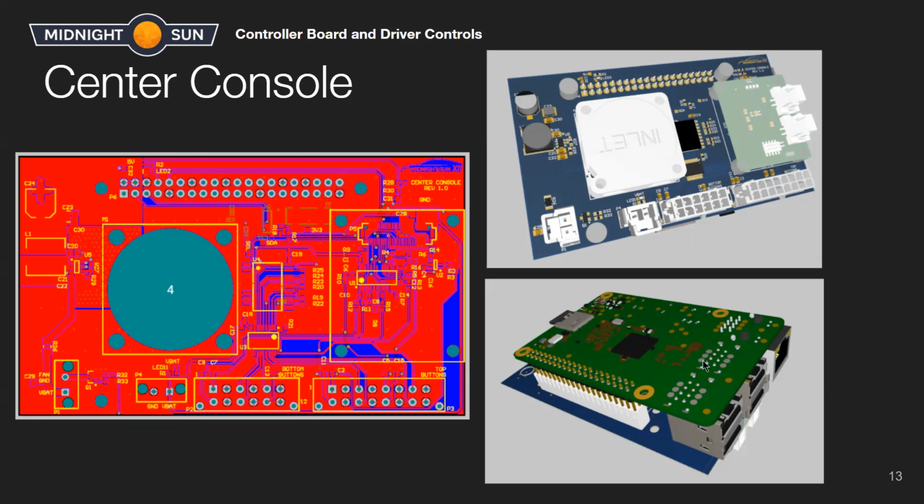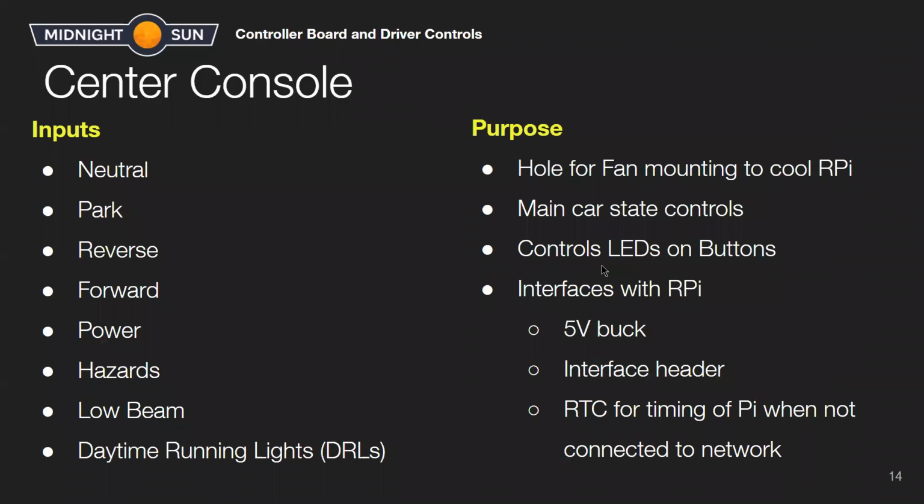And so this is the main Pi we use for all of our processing, as well as telemetry, I believe. And because the Pi gets really hot, this is the optimal location for cooling, and that's why this fan exists.